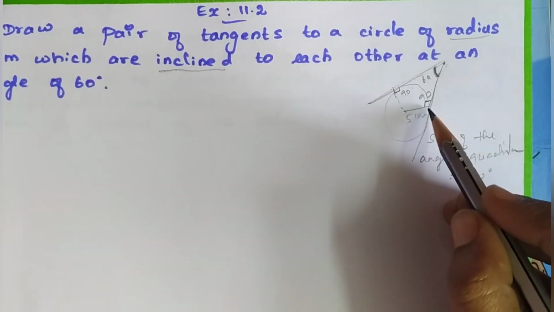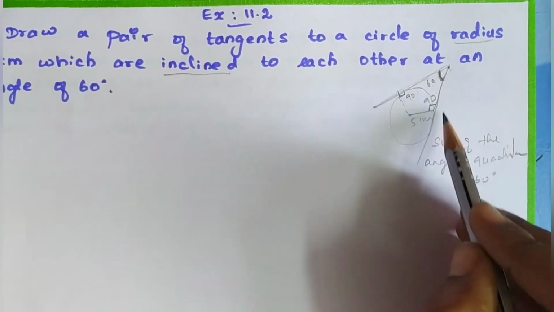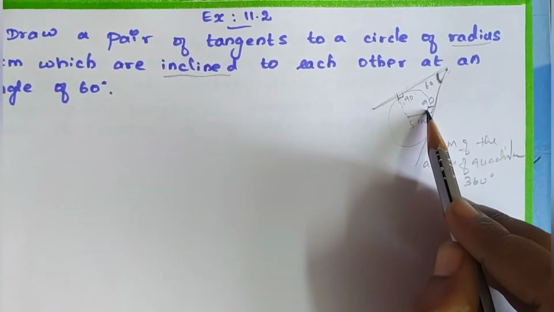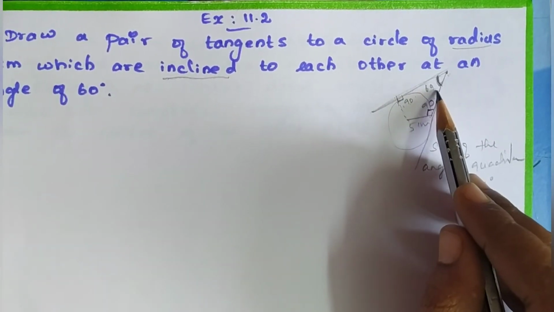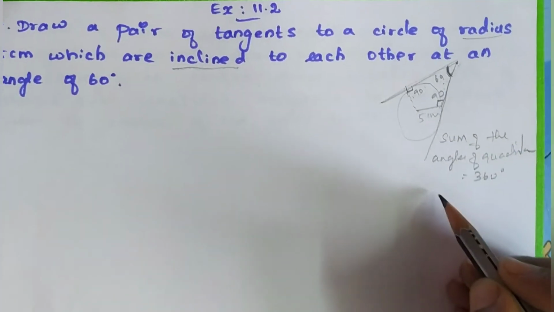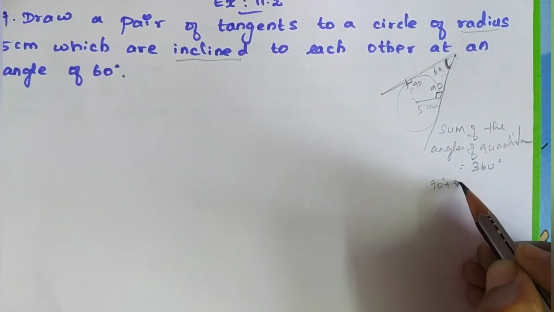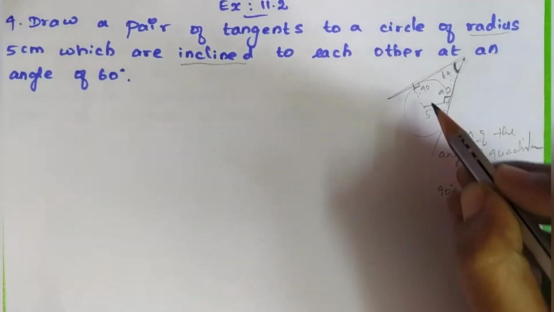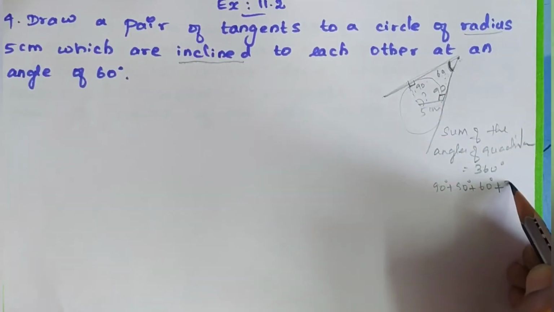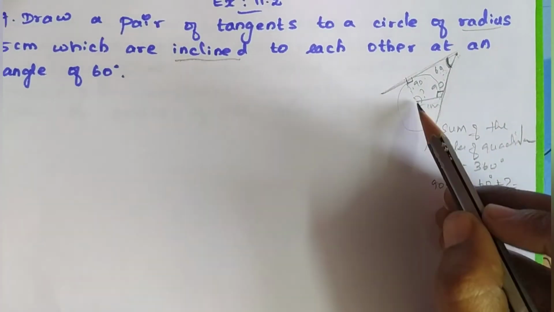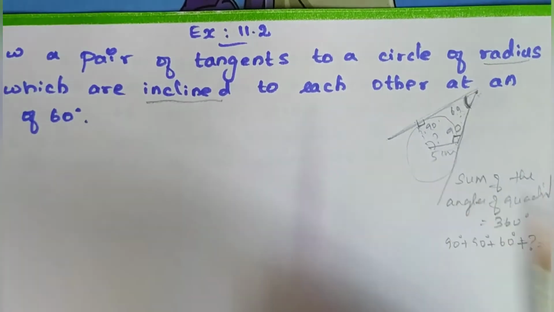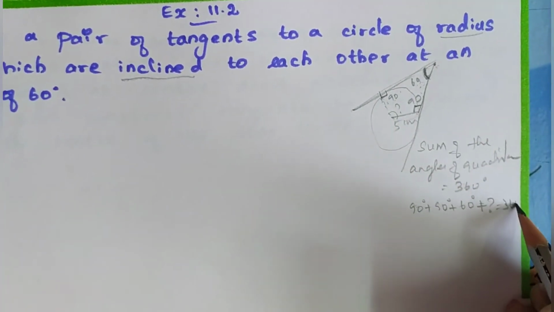We know three angles, 90 plus 90 plus 60, but this angle at the center we don't know. That only I am going to find now.